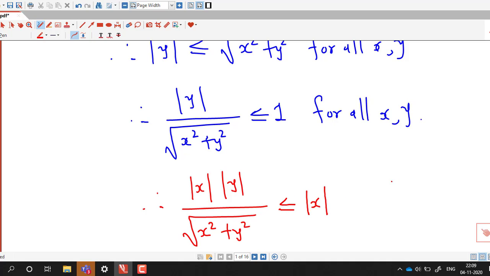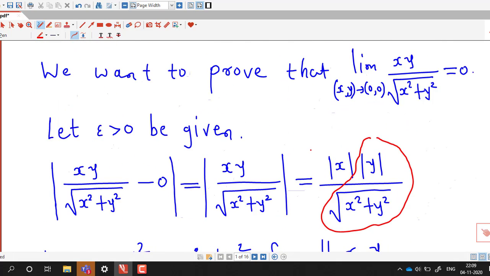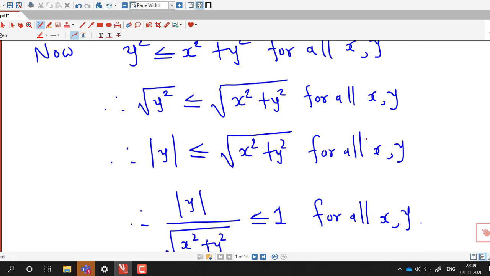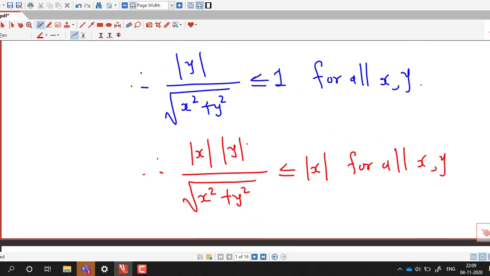This is less than or equal to modulus of x for all x, y. Of course x and y are non-zero because we are having limit as (x, y) tending to (0, 0). So x and y will go near to 0, but they will never be 0. So there is no problem when dividing with this square root of x square plus y square.